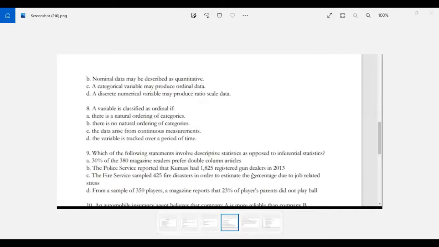So looking at A, for instance, it is inferential. 30% of the 380 magazine readers prefer double column articles.